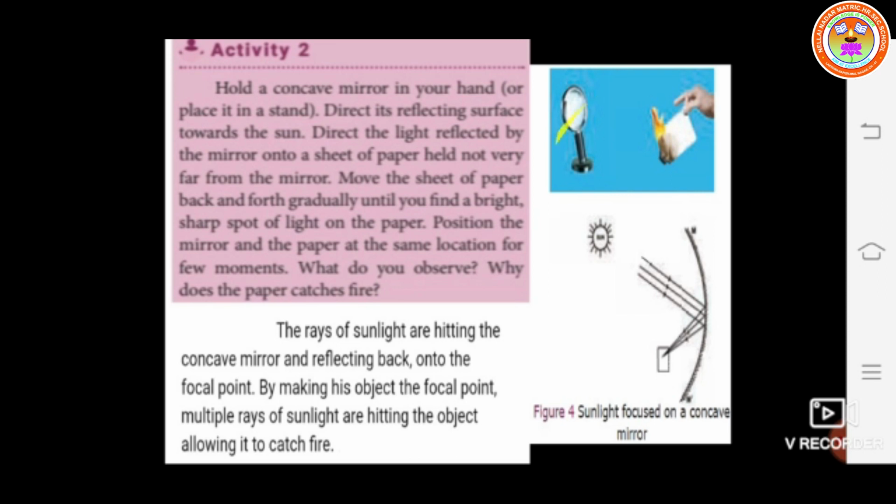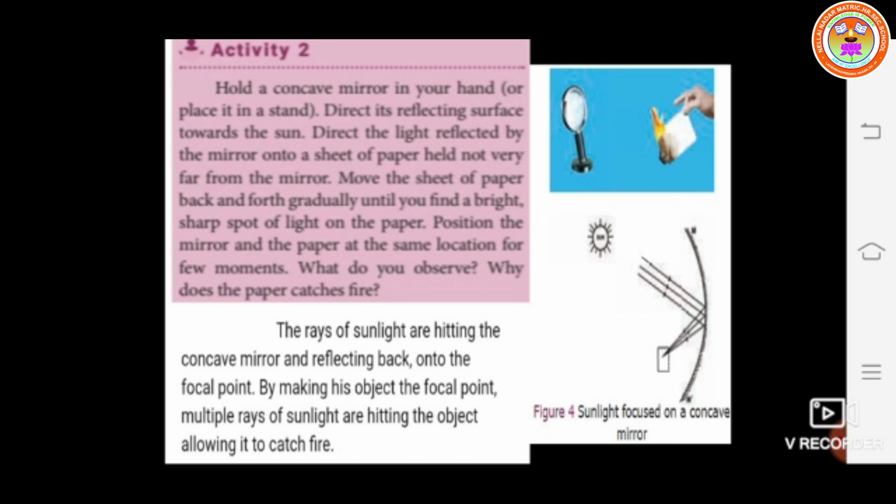The answer for this activity: the rays of sunlight hit the concave mirror and reflect back onto the focal point.